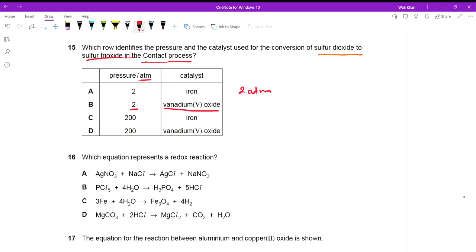That is equal to 200 kilopascal. Sometimes books write 200 kilopascal, which means 2 atm. Here they also write 200 atmosphere with vanadium pentoxide, so it is incorrect. 200 kilopascal or 2 atm is used in the contact process. The option is B.